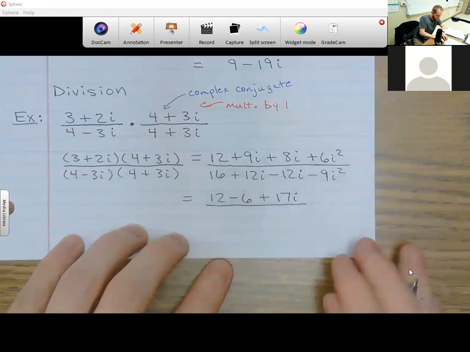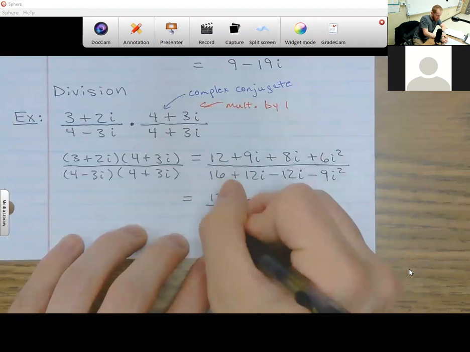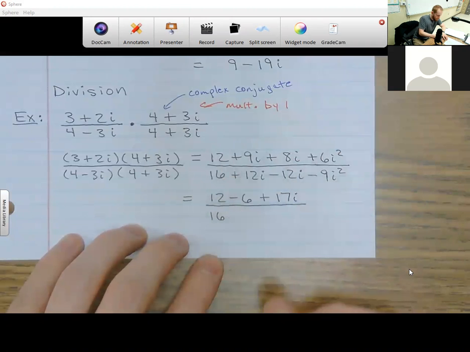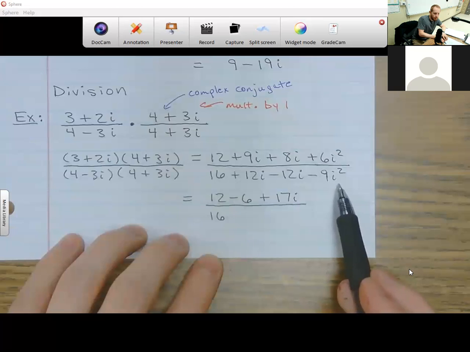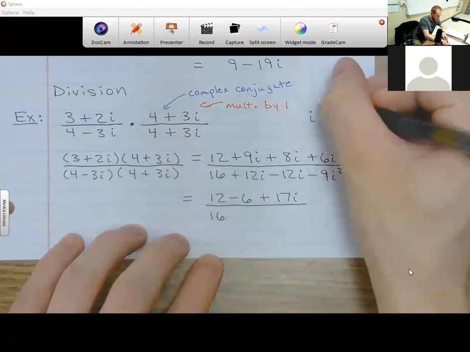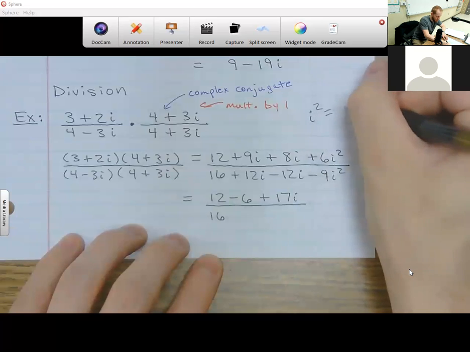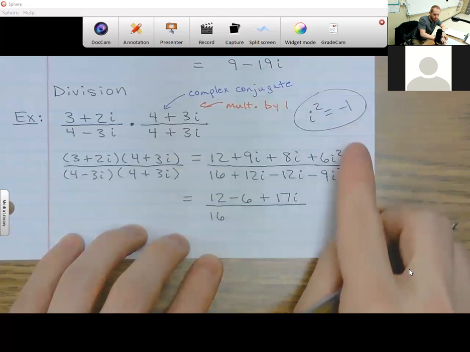I'm just adding the i terms together. And then on the bottom, what do I get? Well, I've got that 16, so I've got to bring down that 16. It's just the real number 16. But what's happening over here with this negative 9i squared? We know that i squared is equal to negative 1.